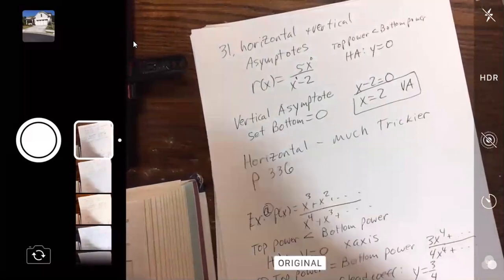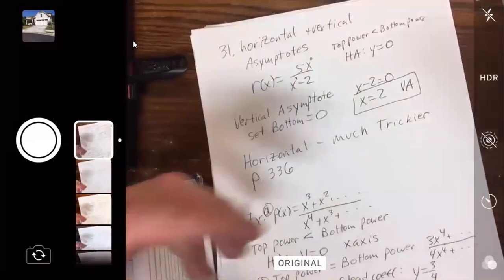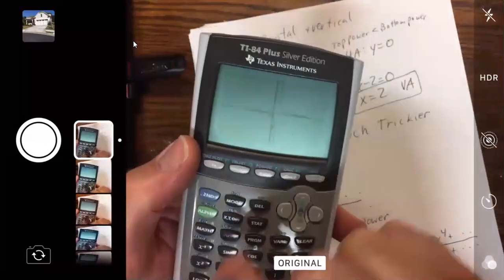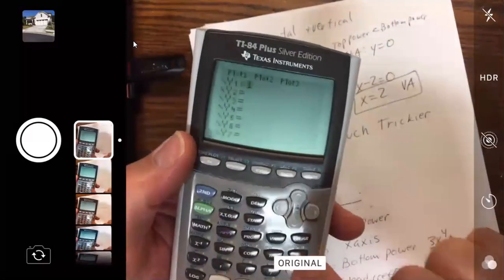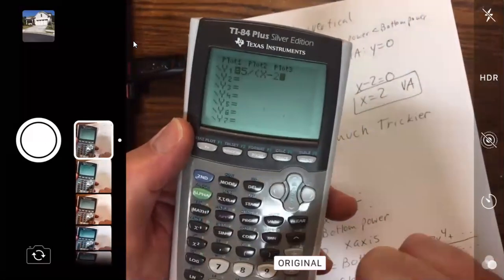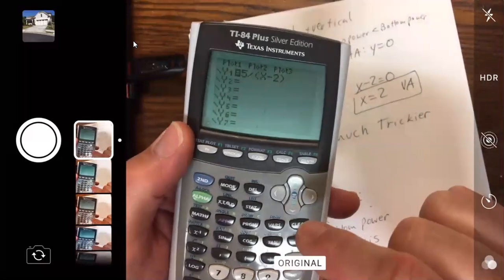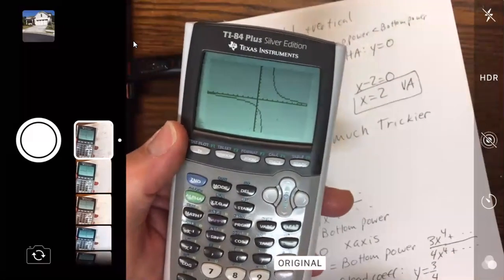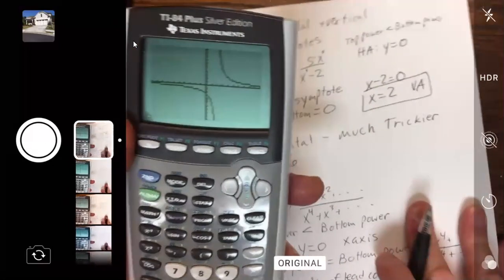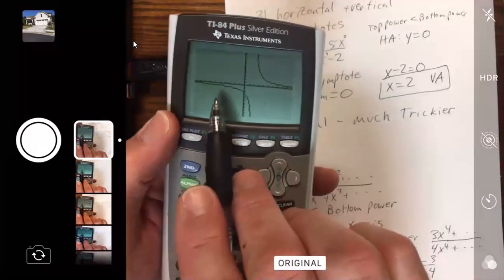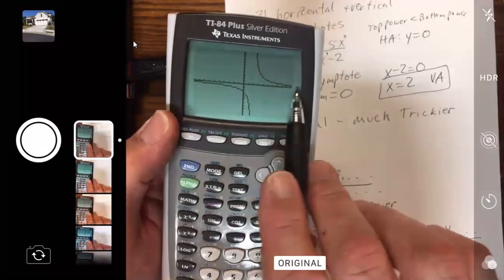Sure. Okay, so I don't have to enter the x to the 0. We had 5 divided by parentheses, x minus 2. Make sure you stick that x minus 2 in parentheses. See if you can spot how your horizontal asymptote is going to the x-axis.